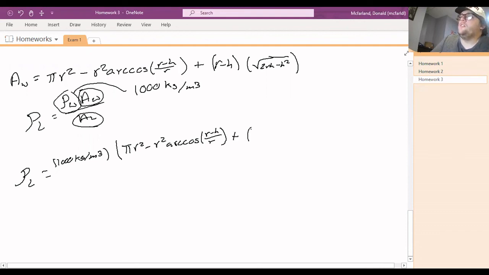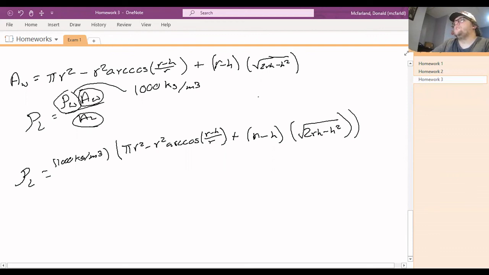plus that same value, r minus h, multiplied by the square root of 2rh minus h squared, which will be the length of the water from one side of the log to the other.